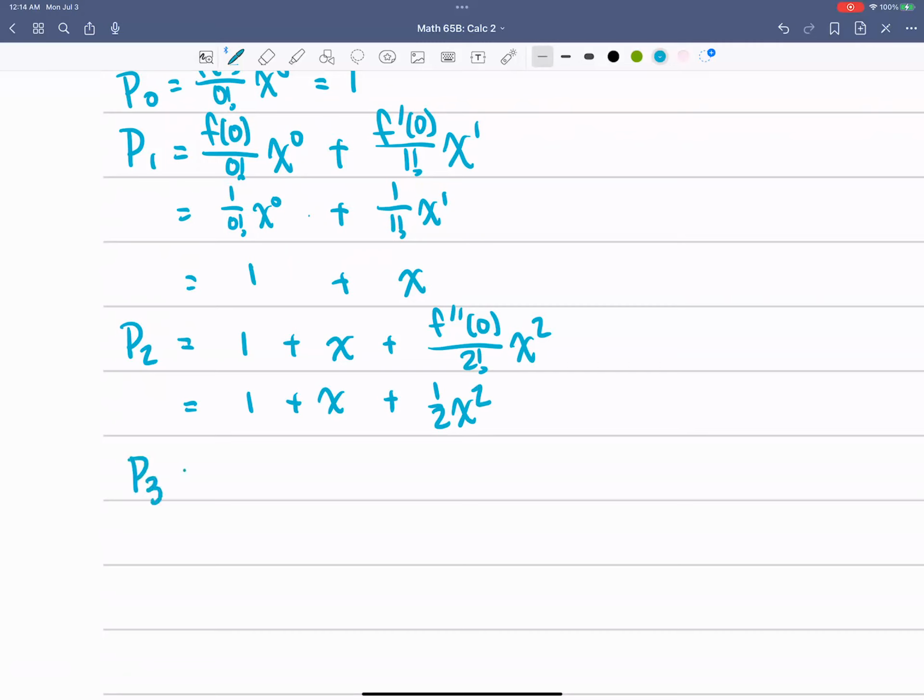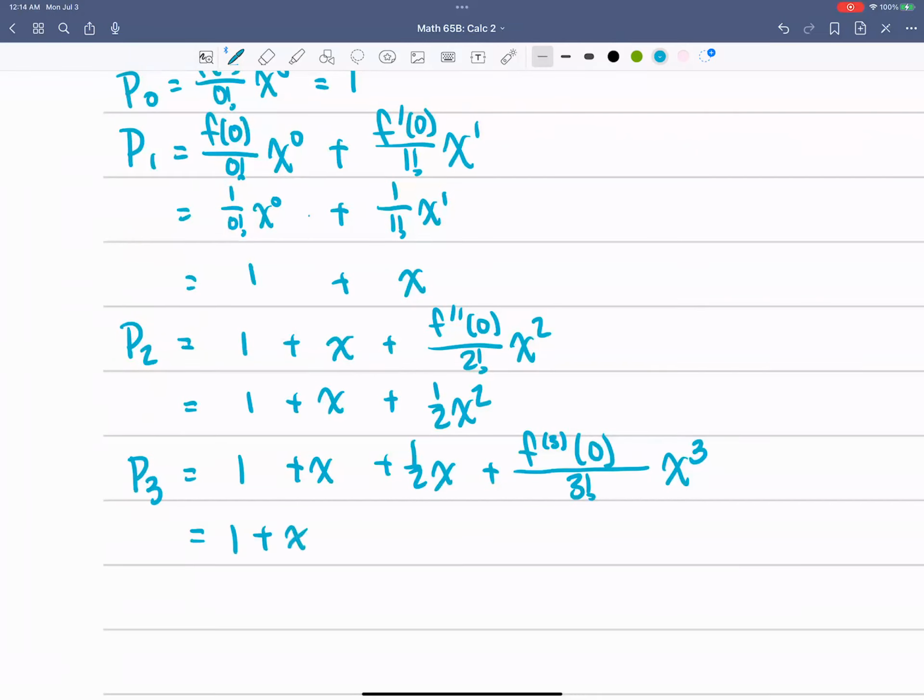And lastly, our third polynomial: 1 plus x plus 1 over 2 x squared, plus the third part of our polynomial, f triple prime, or the third derivative, over 3 factorial, x cubed.